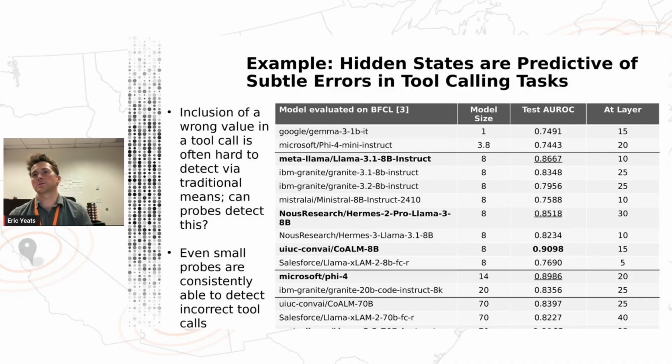The best score would have been Llama 3.3 70B, which was on the bottom of this table, but it's also over 90 in this case. So you can see that even these very simple small probes can get quite good prediction accuracy in this setting. So these are useful signals for us.